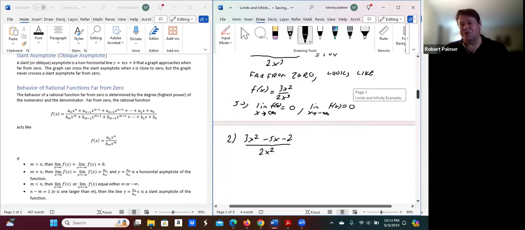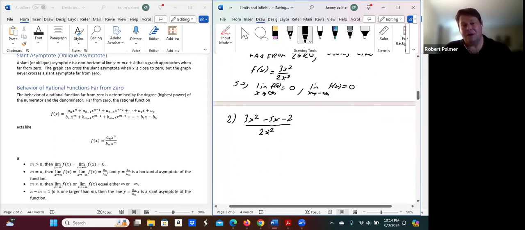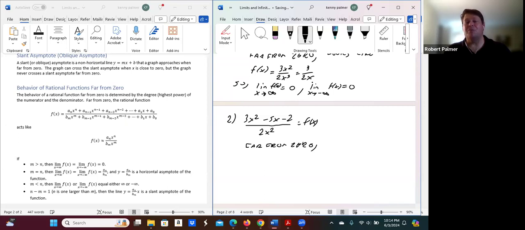But here we're just focusing on what happens far from 0. Once again, far from 0, this is our f of x. And if we cancel out our x's, we have 3 over 2x, and you imagine that will go to 0. That's like 1 over x. That's going to go to 0 the further we get from 0.